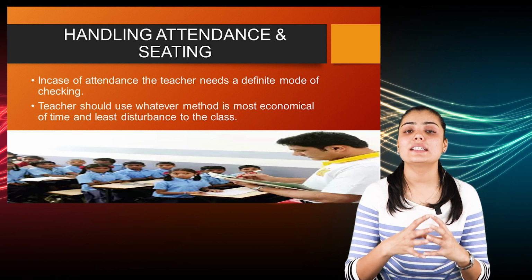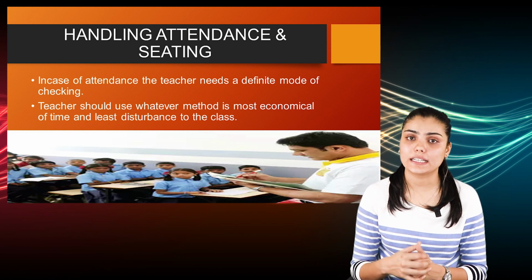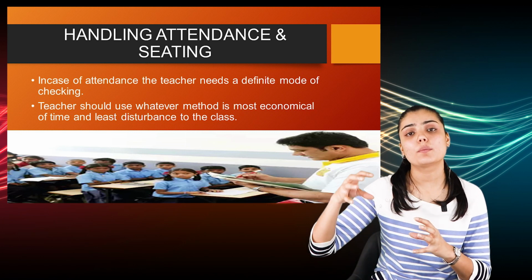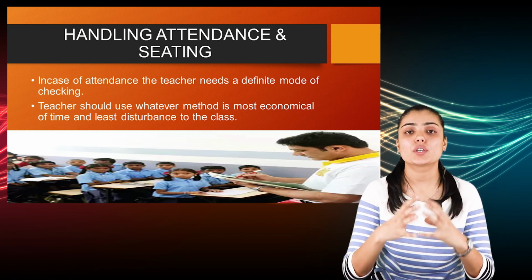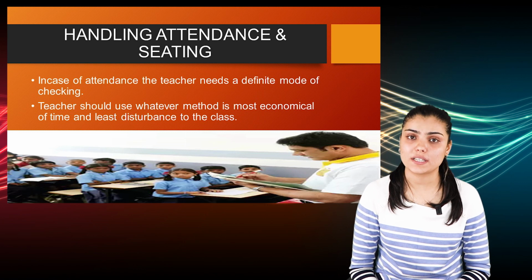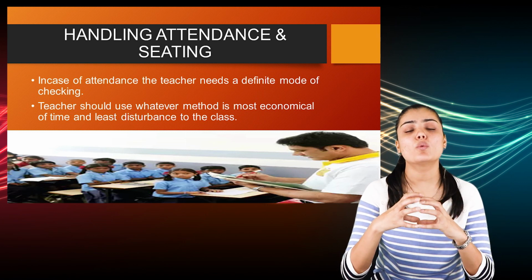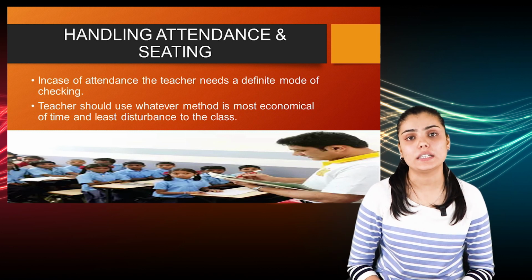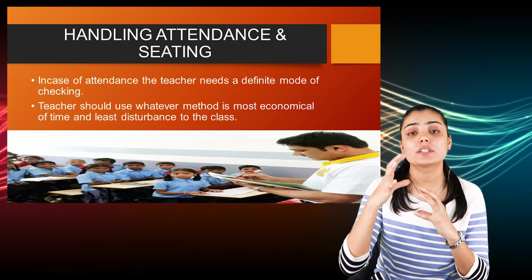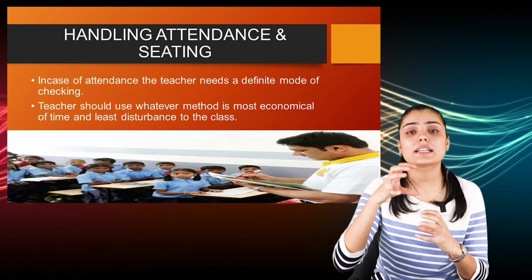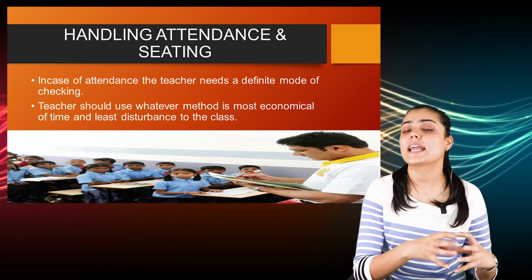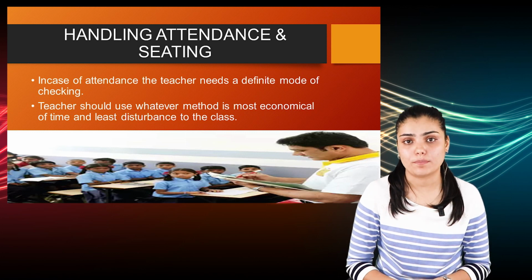Next, we have handling attendance and seating. Now, in case of attendance, the teacher needs to choose a proper way of checking the attendance of the students, right? A definite mode of checking the attendance of the students must be adopted by the teacher, all right? The teacher should see that the method that is adopted by the teacher is the most economical for the time and effort of the teacher, okay?